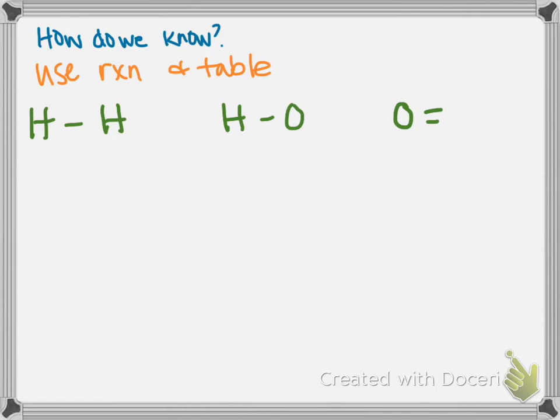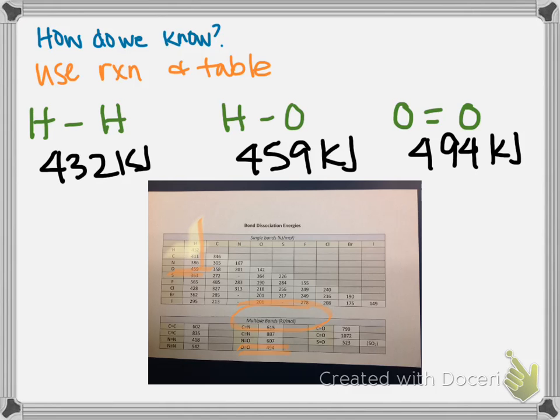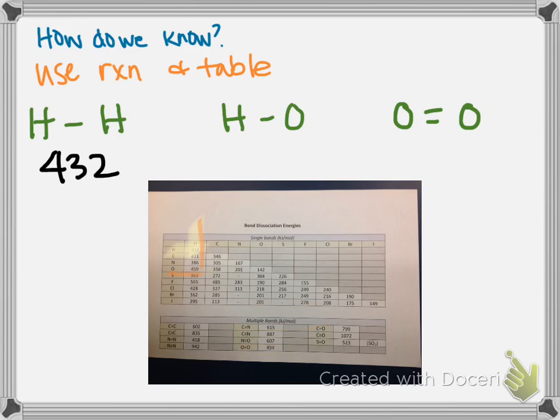How we know how much energy it takes to break or make those bonds is we look at that table and figure out where our bond is on the table. The first one is a hydrogen bonded to another hydrogen.